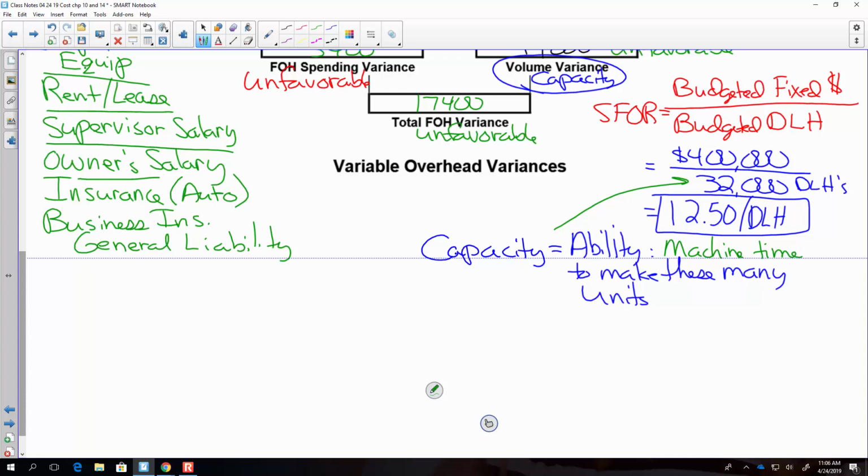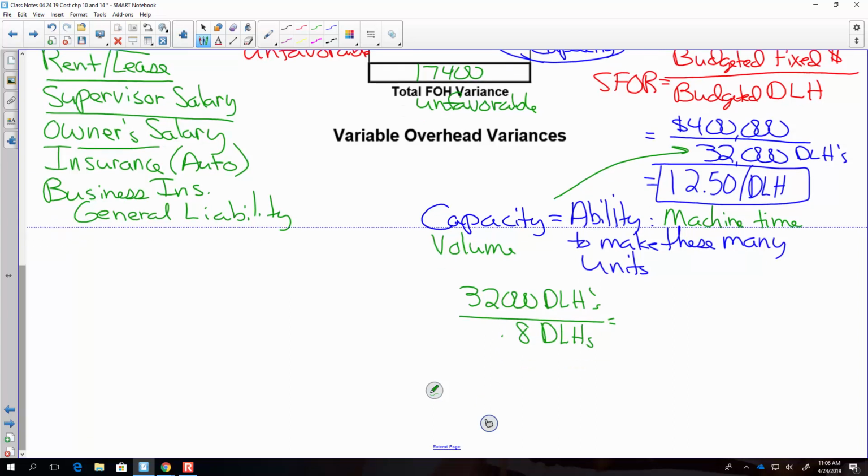Now, this capacity or volume, if I took the 32,000 direct labor hours and divided it by 0.8 hours, how many deliveries is that? 40,000.